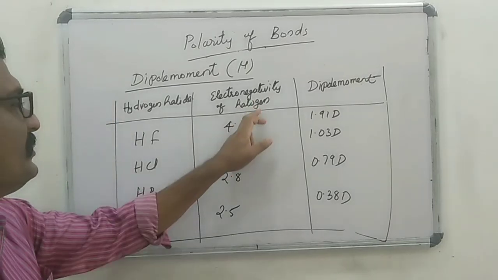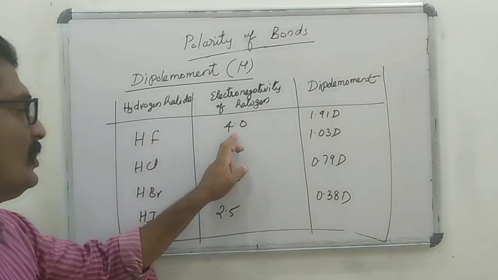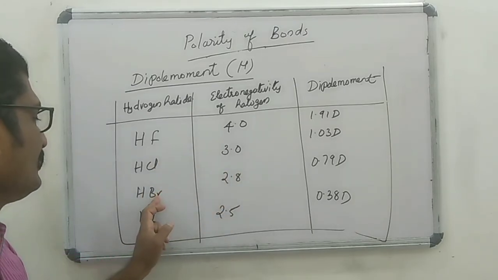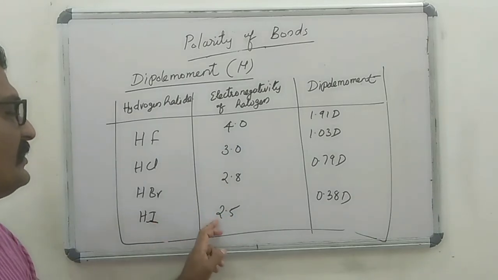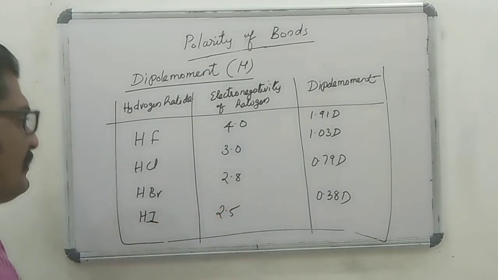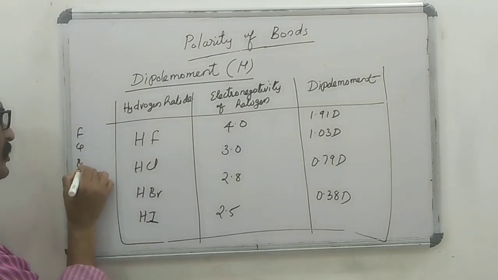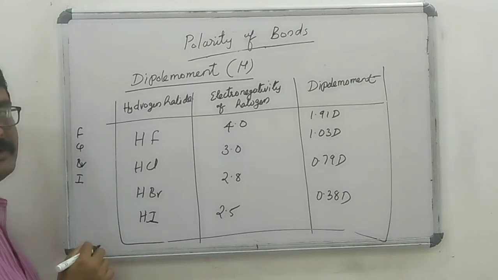The electronegativity of the halogen fluorine is 4.0, chlorine is 3.0, bromine is 2.8, and iodine is 2.5. That means, fluorine, chlorine, bromine, iodine are the 17th group elements.